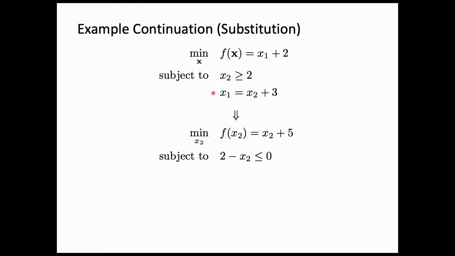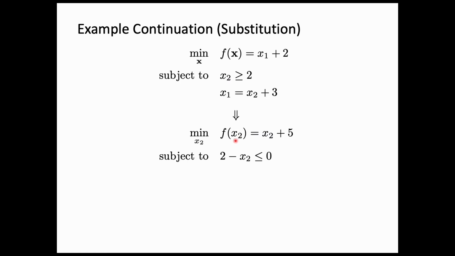And here, if we think of this as a substitution for x1, then we can take this replacement for x1 and plug it in to any place where we see x1, and that appears up here. So here we have x1 is equal to x2 plus 3 plus 2, or in other words, the objective function is x2 plus 5, and now the entire problem only depends on x2.